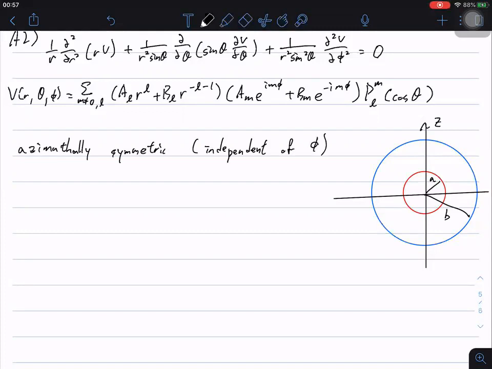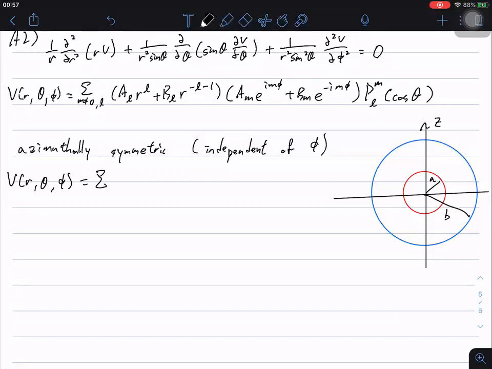So it doesn't matter whether you put phi equal to 0. So the whole solution should be independent of phi. So you can write, if there's no phi dependence, m must be equal to 0.